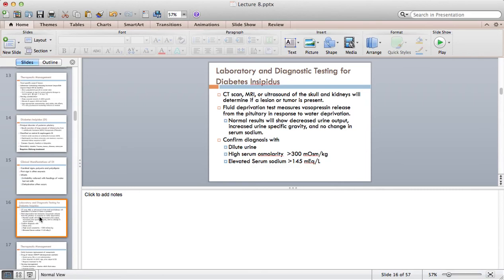And then when you look at the serum sodium, there should not be any change.